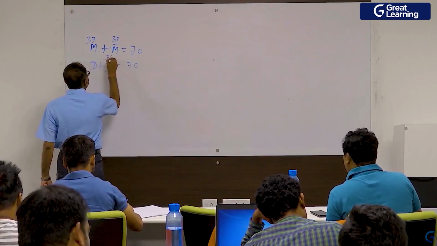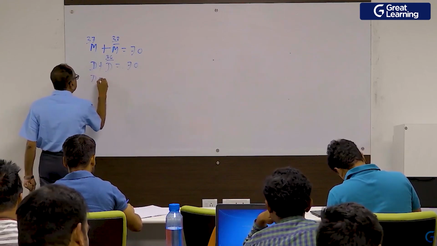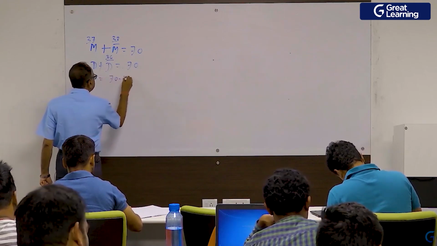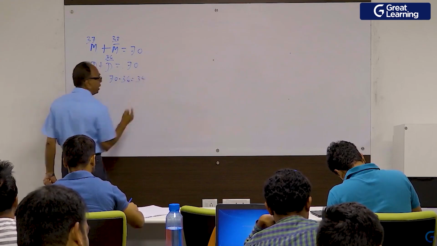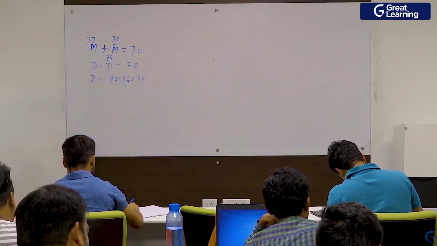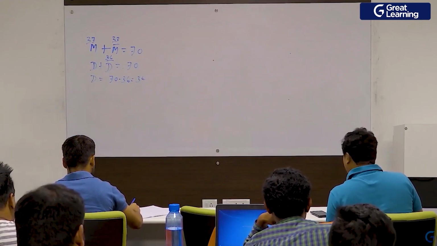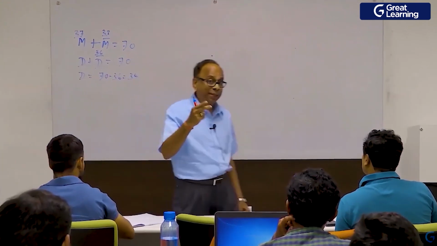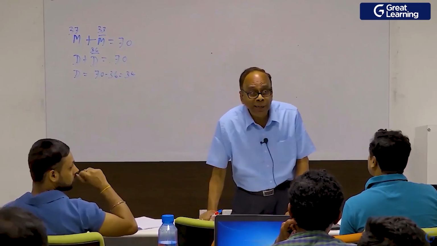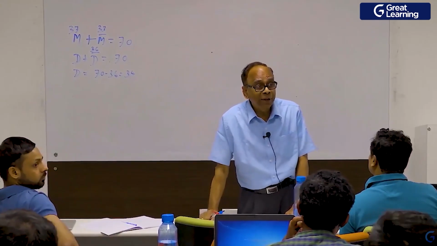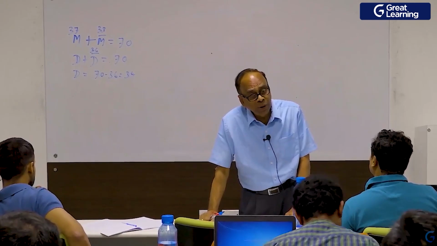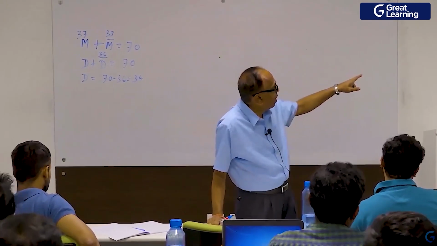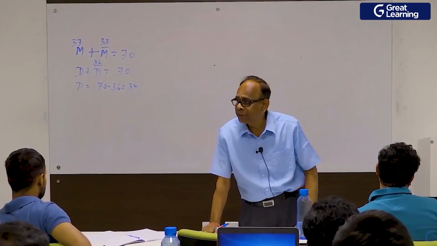Am I right? Therefore, D is equal to 70 minus 36, which is 34. You agree or disagree? I told you, I repeated twice: they are teetotalers does not mean they will not smoke. They can smoke. They are only completely devoid of alcoholic beverages.